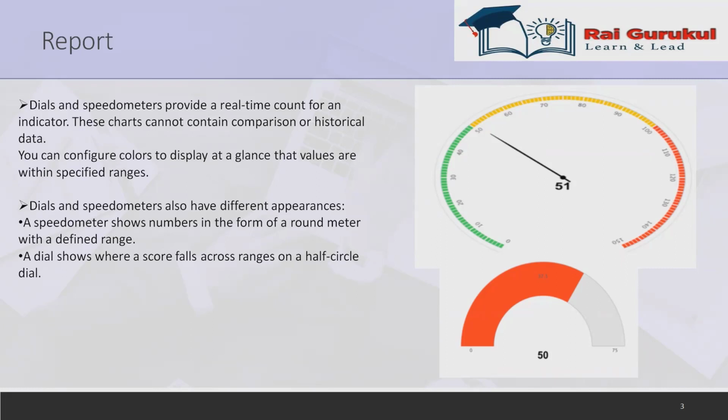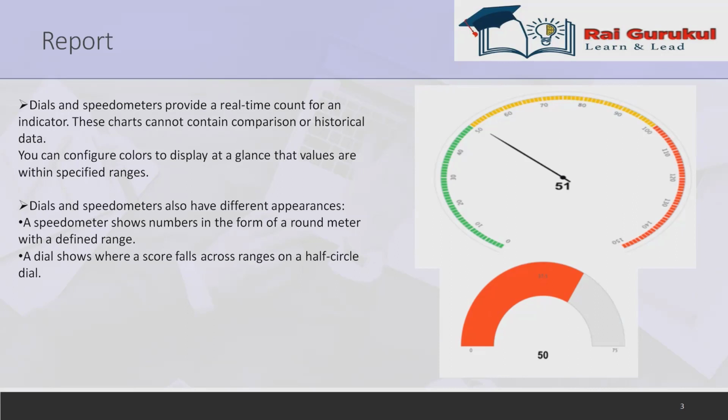Here in the right panel, you can see this is the speedometer report and this is the dial report. We can configure colors to display at a glance whether values are within a specified range. Dials and speedometers provide a real-time count for the indicator. If we want to indicate specific data in red, we set value ranges.